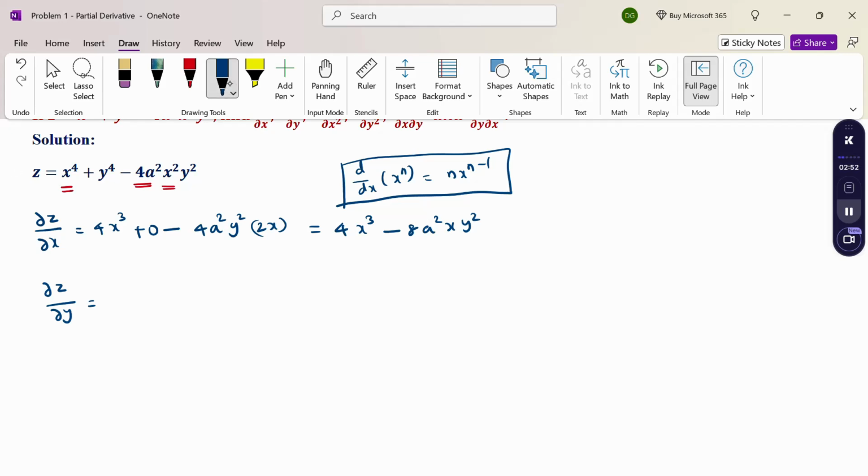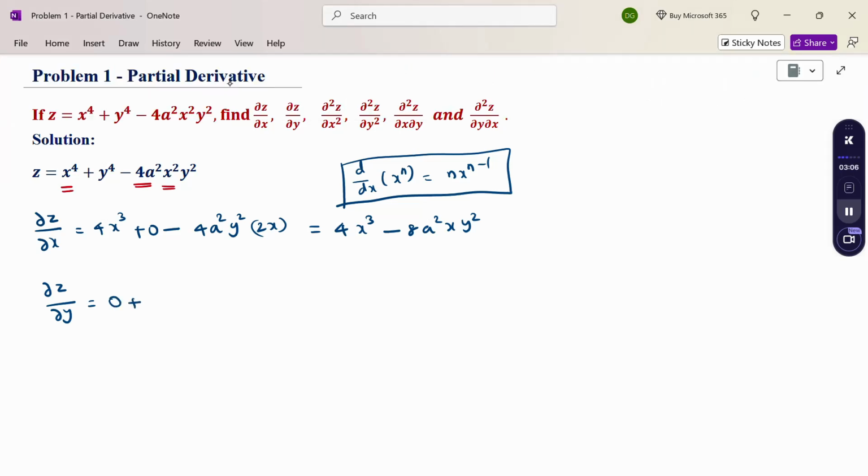Therefore x⁴ is constant, and its partial derivative with respect to y is 0. Plus y⁴ differentiated gives 4y³, minus 4a², with x² also considered constant because y is the only variable. Then y² differentiated partially with respect to y gives 2y. Now the value is 4y³ − 8a²x²y. So this is the value.